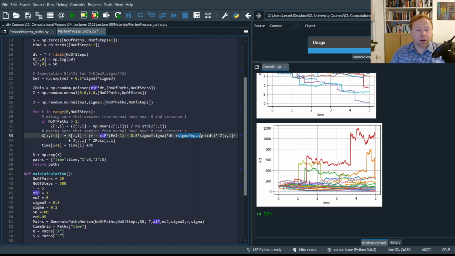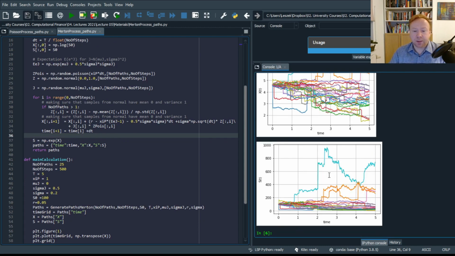Then we have the diffusive part: sigma times square root of dt times random increments of a normal distribution, a Wiener process. And the last part is J, the jump size, times the number of jumps, which is a sample from a Poisson distribution.